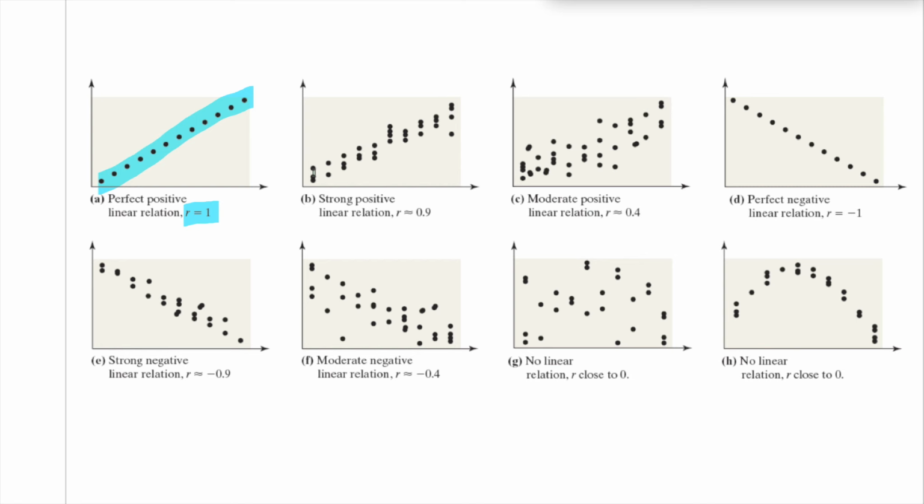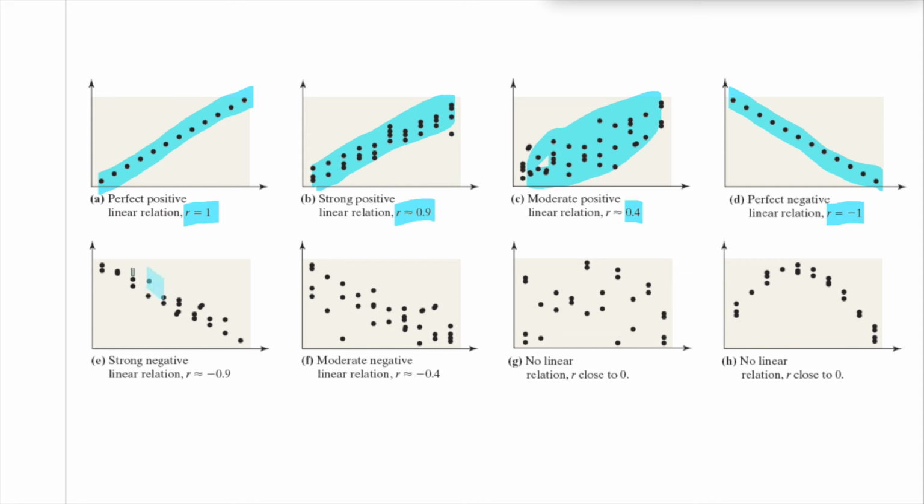And then if those variables, a little more realistically, weren't perfectly in a line, but still positive, you might see a correlation coefficient close to 1, but not perfectly 1. Here's a perfect negative linear relationship, which results in a correlation coefficient of exactly -1 if it's actually perfect.